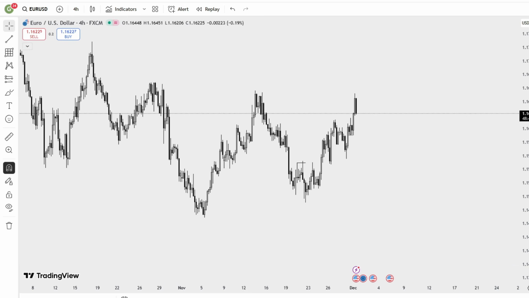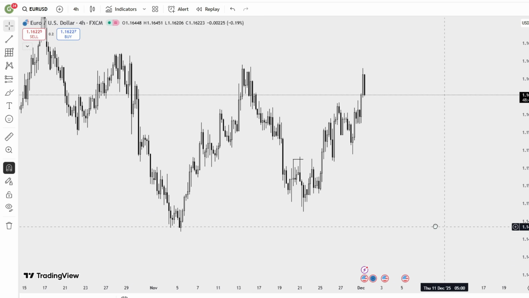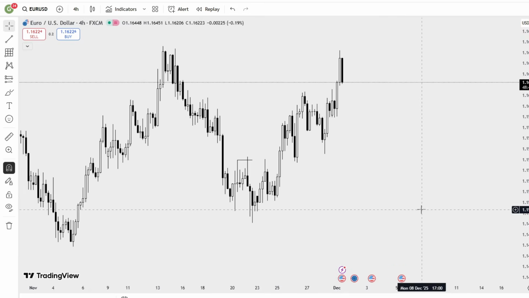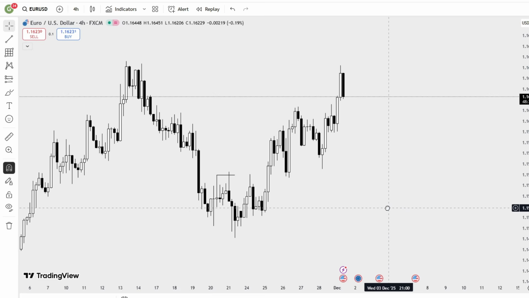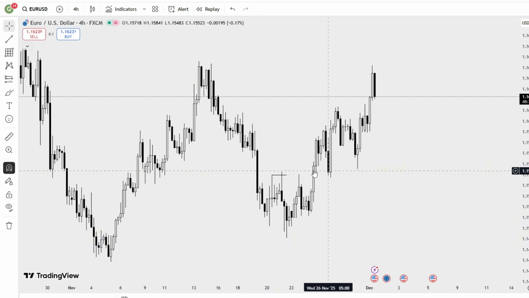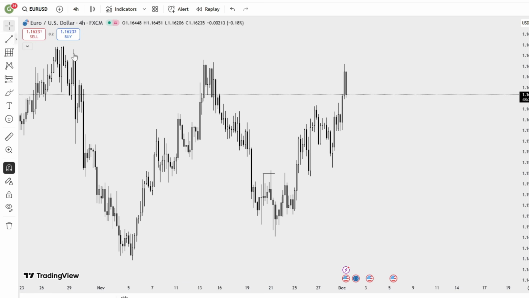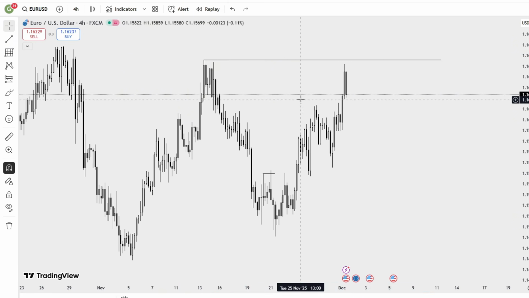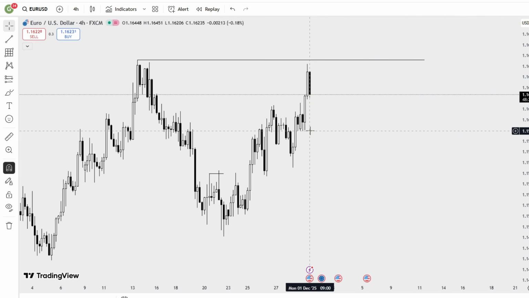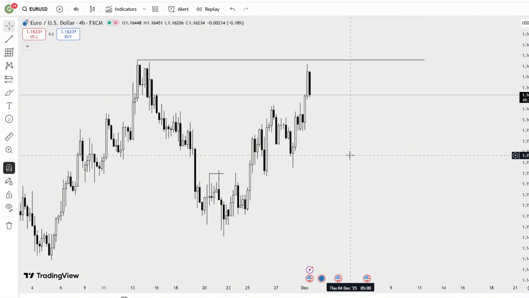All right, as usual, you don't pause the video. The price here is moving upwards from where to where? From here to a key level, right? So you have a key level here. Price is always seeking liquidity.